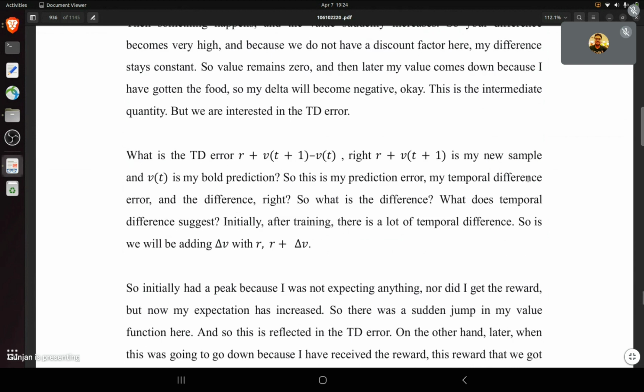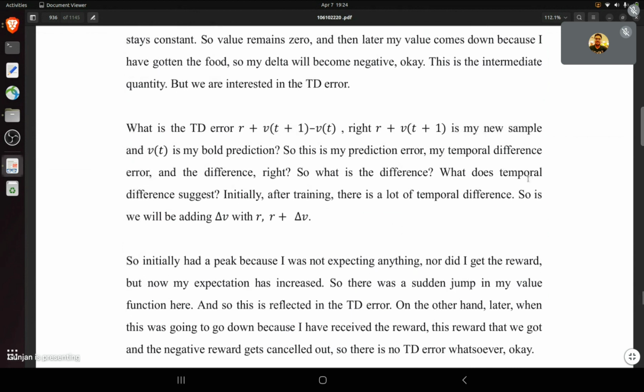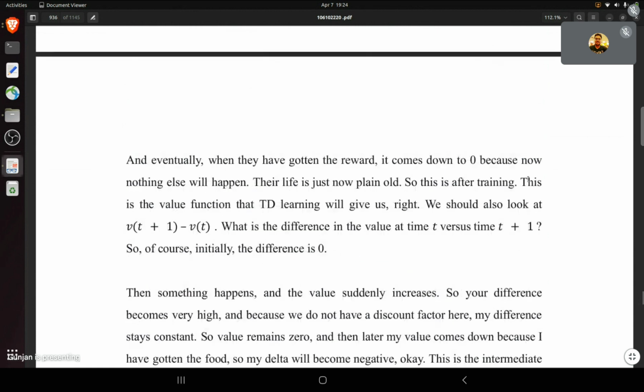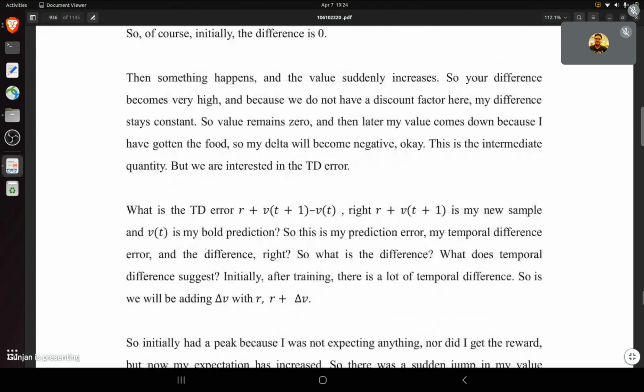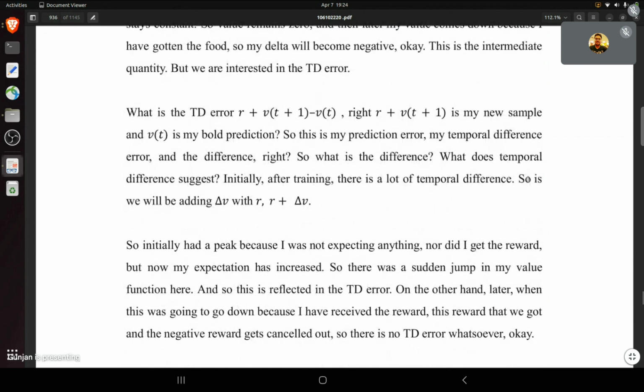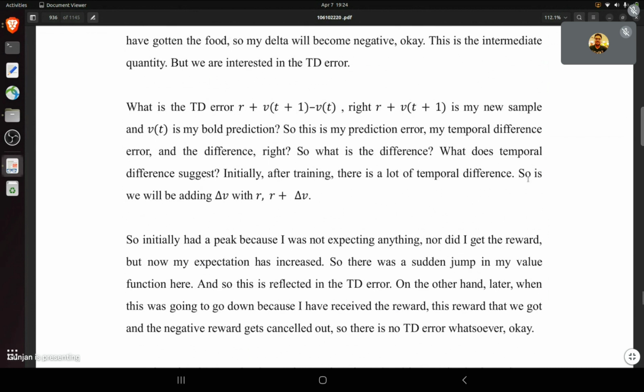So at a peak, because I was not expecting anything, nor did I get a reward. But now my expectation has increased. So there is a sudden jump in the value function here. On the other hand, later when this is going on, because I have received the reward, the negative reward gets cancelled out.